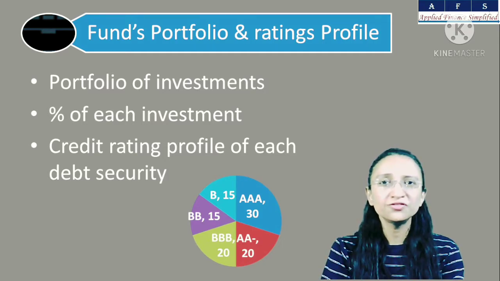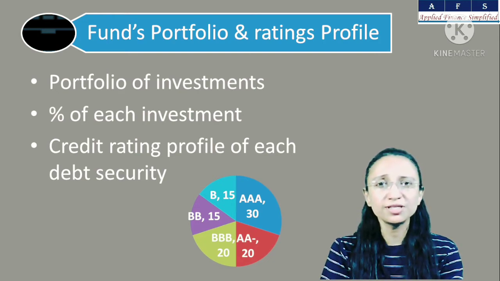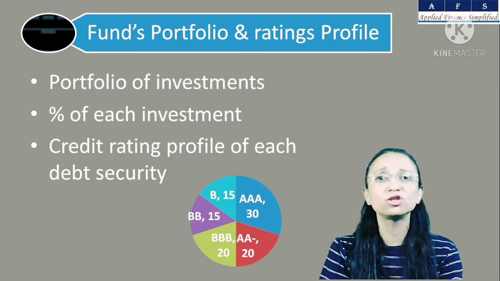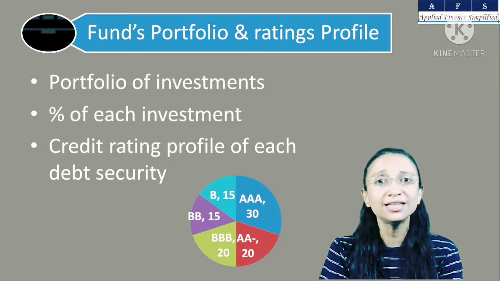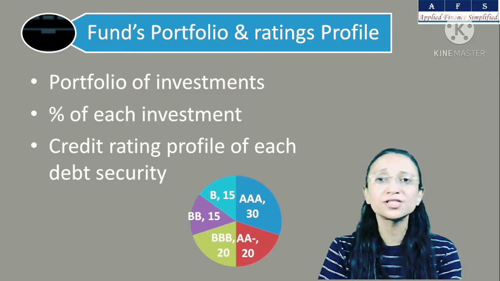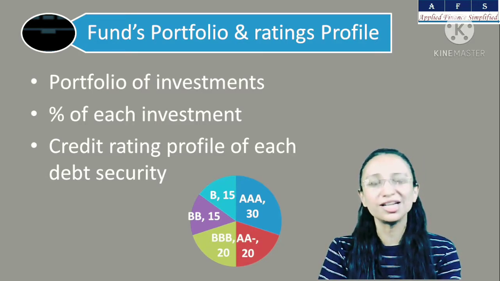So you'll observe that there is a great amount of transparency that is maintained by the fund house in giving you the information regarding all the securities that it has invested in. So it's important for you before making an investment to check all the securities and the individual ratings of those securities and to align your own risk profile with the risk involved under the scheme.